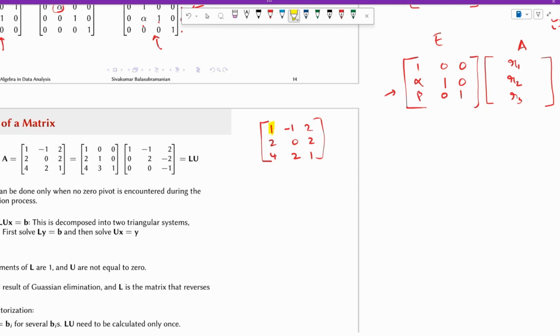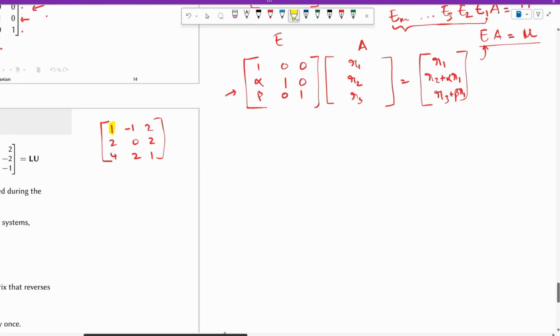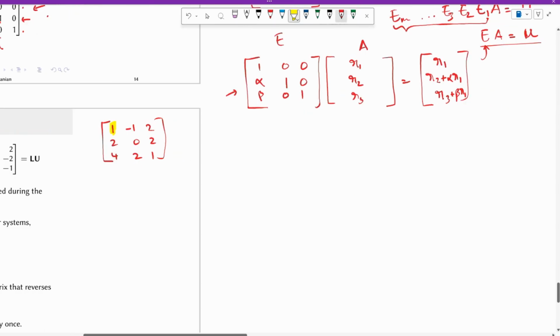What elementary operation would you have to do to make that 0? I'm going to write those matrices here, starting from the first matrix. What is the first operation that you do? R2 minus 2 R1. What will the corresponding elementary row operation matrix be?